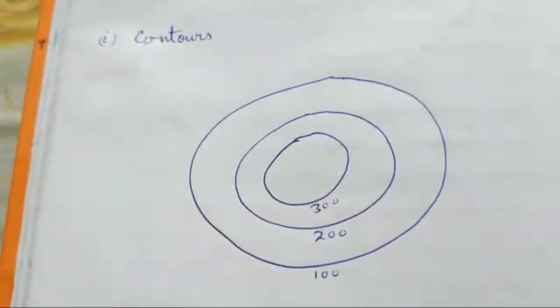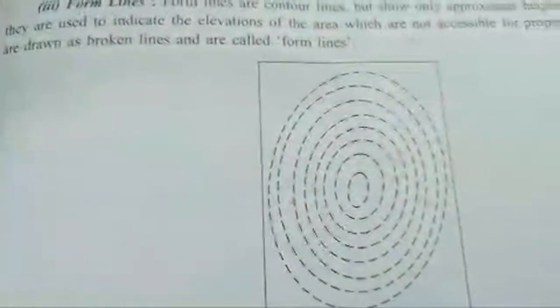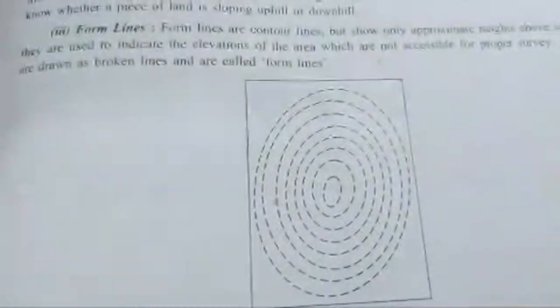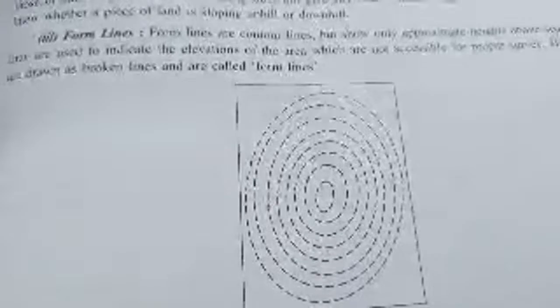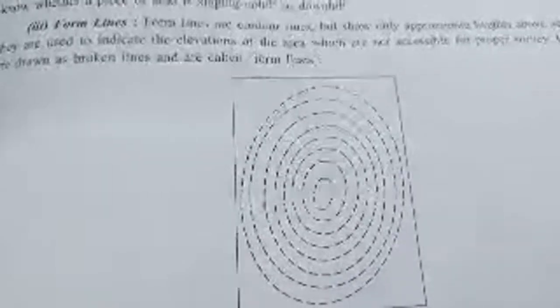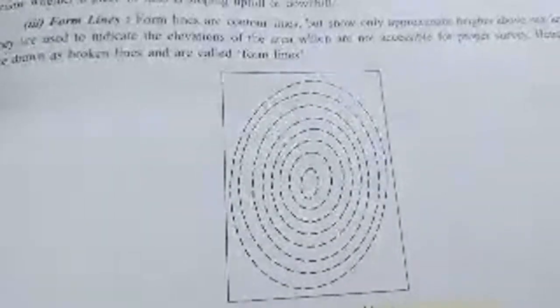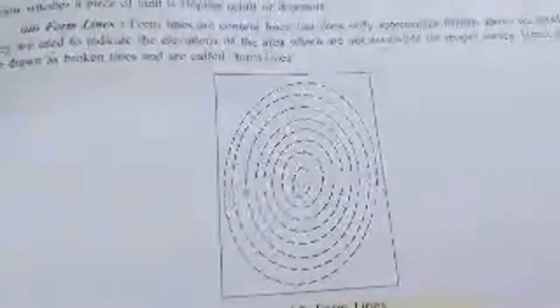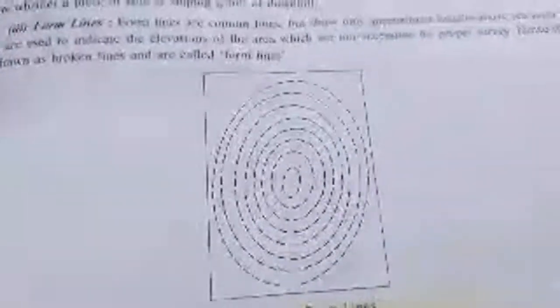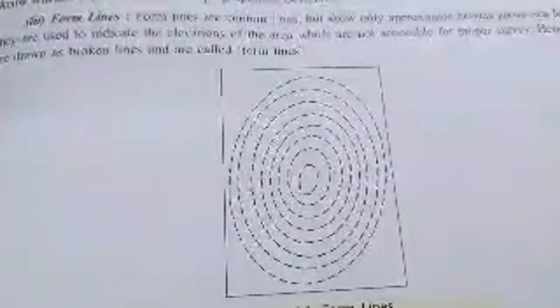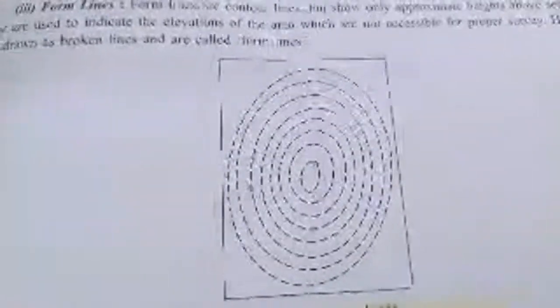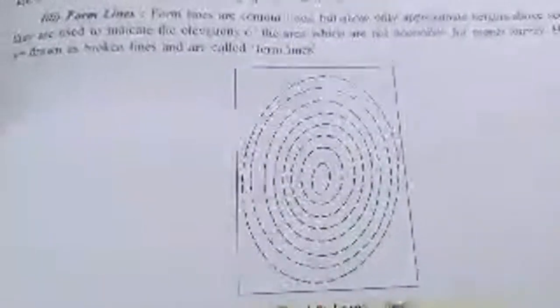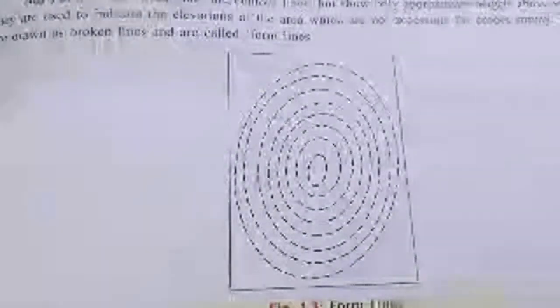But here the form lines, look here, also in the book it is given, the same form lines. Here they are represented by numbers. So actually during the survey, when some place is left by mistake, maybe because of some difficulty, they don't survey that region.